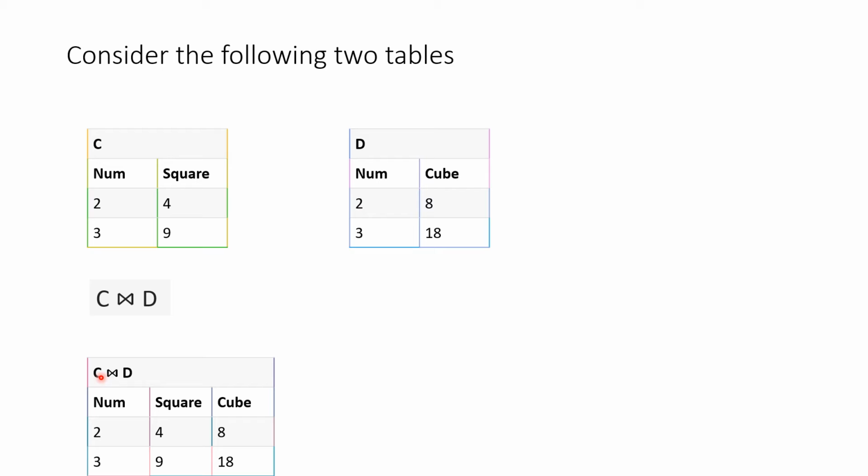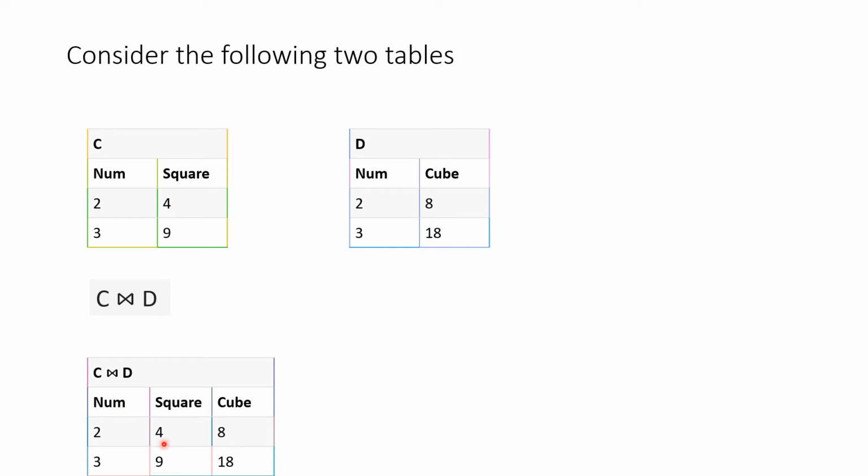Because we are joining these two tables, so we have to take the columns from both the tables. First is num, this 2 and 3, this 2 and 3 is common in both the tables, so we can easily write that the value of 2 corresponds to square 4 and cube 8.